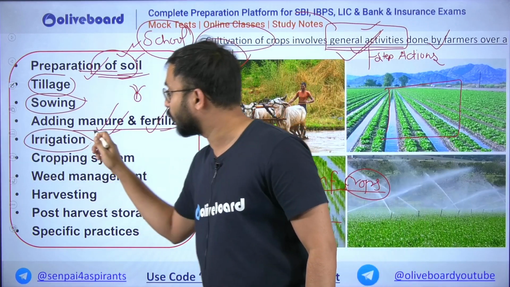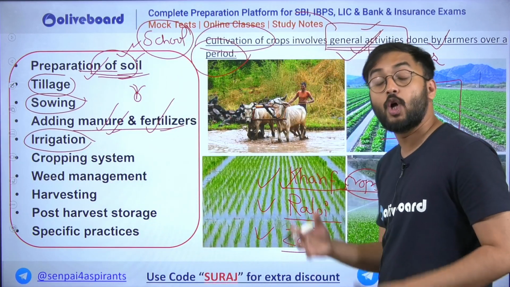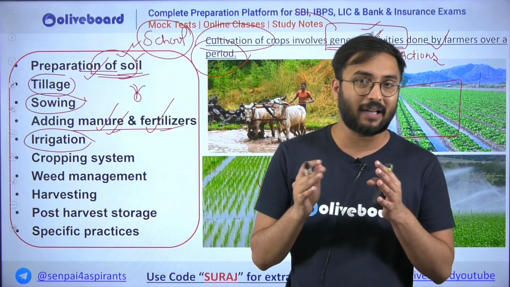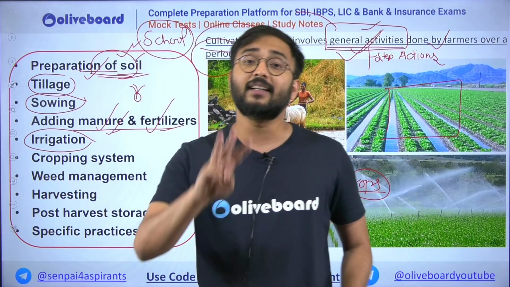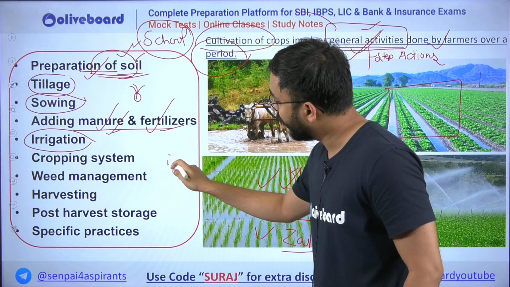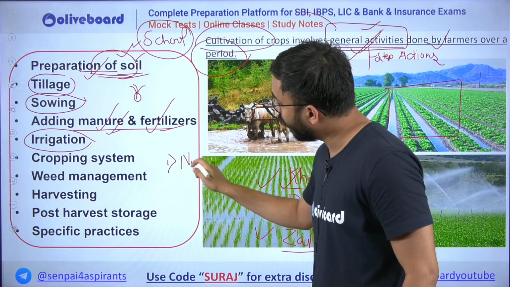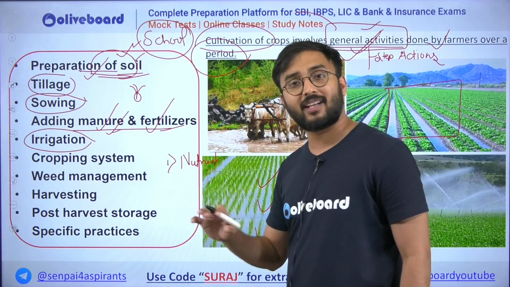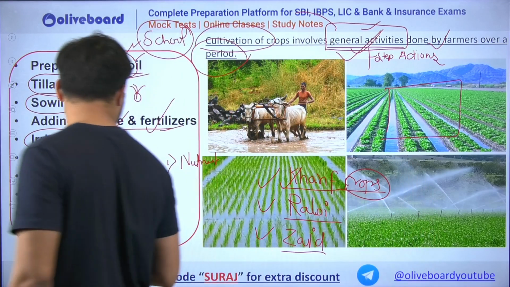Then comes irrigation. Irrigation is nothing but proper supply of water, okay? Whatever plant or seed there is, it needs three basic things for growth. The first is your overall nutrients, which include minerals as well as certain compounds essential for growth.